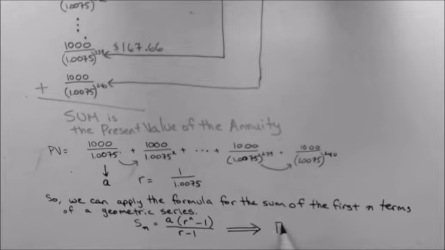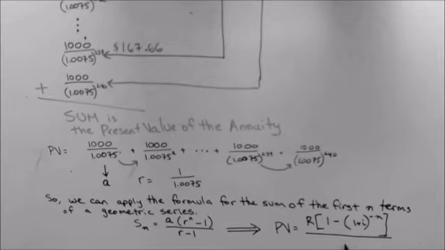So we have present value is equal to our regular withdrawals, square bracket, 1 minus 1 plus i in brackets to the power of negative n, close square bracket, all over i, where R is the regular withdrawals, i is the interest rate per compound period, and n is the number of compounding periods.